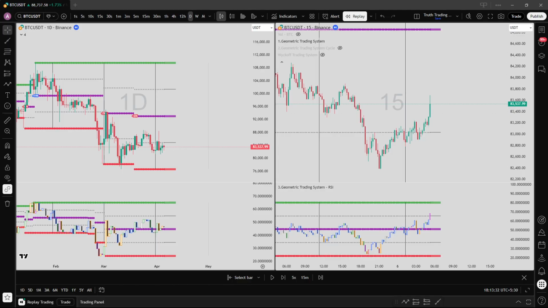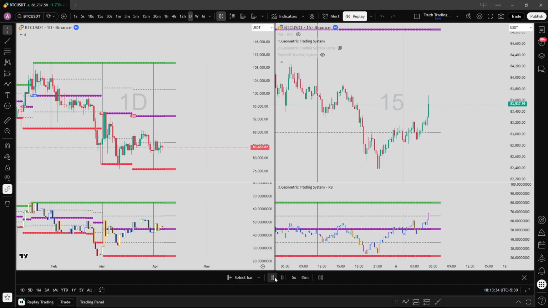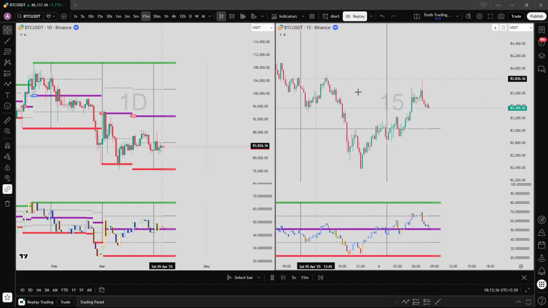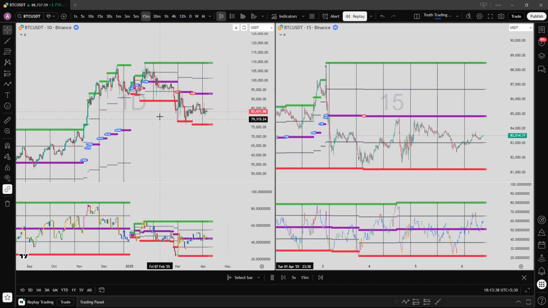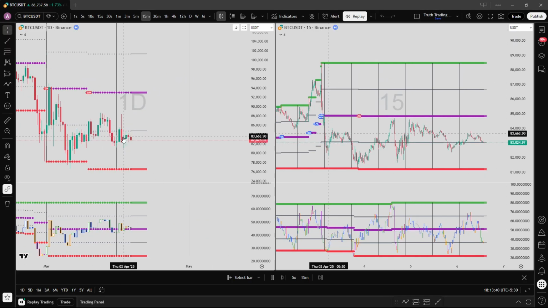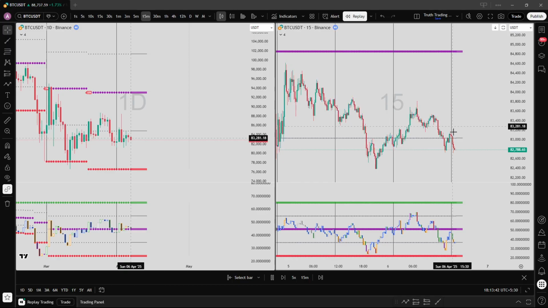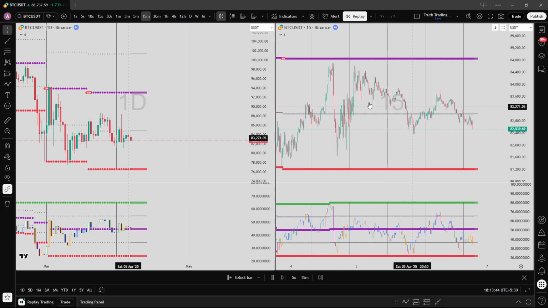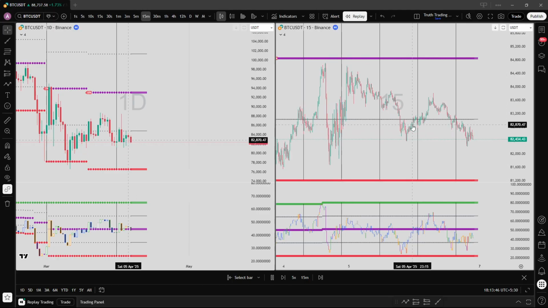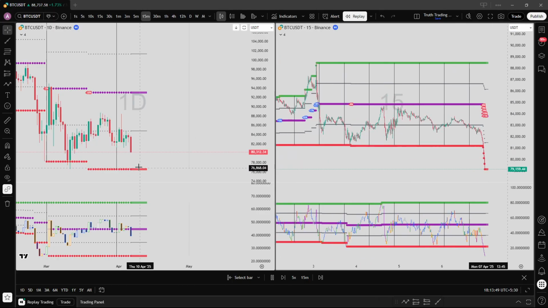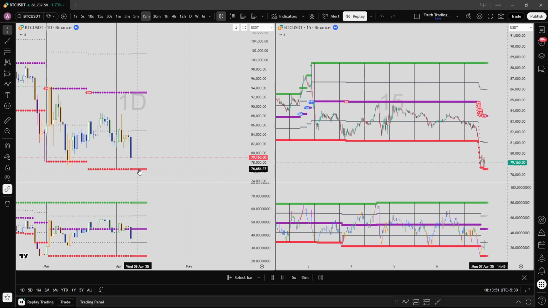Let's see, I'm just going to run it and we see this. So this is the daily time frame and this is 15 minutes. It's moving much faster, right? And you see this is around here. So we'll see what happens when the market comes around here.